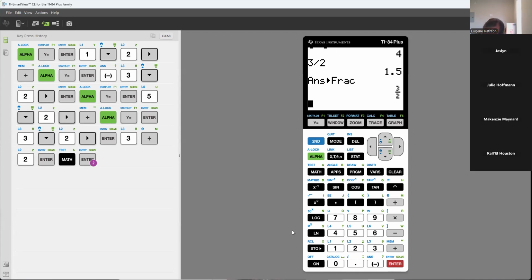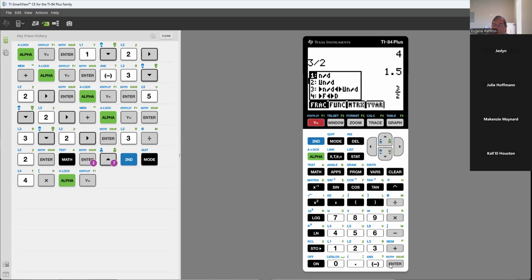Hey, also, what did I get here? I forgot, I think I got a 6. What did I get there? So I had 4 times negative 3 halves. That should have gave me a, so 4 times alpha y equals enter.